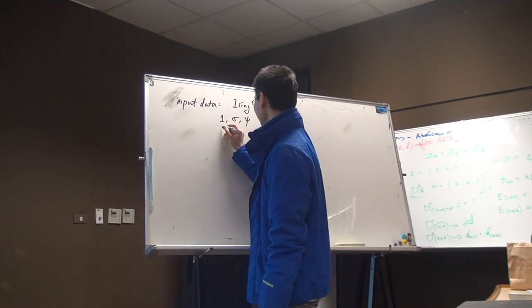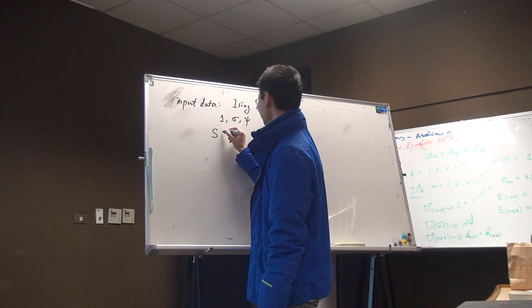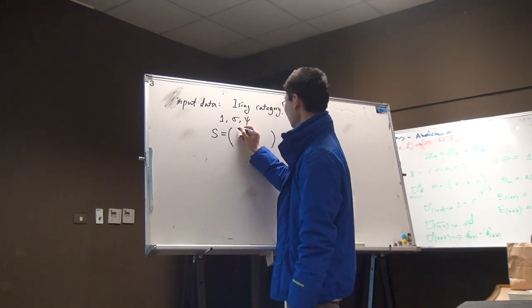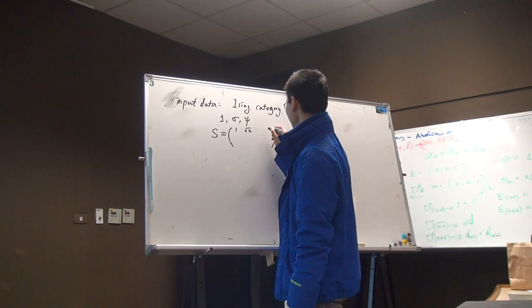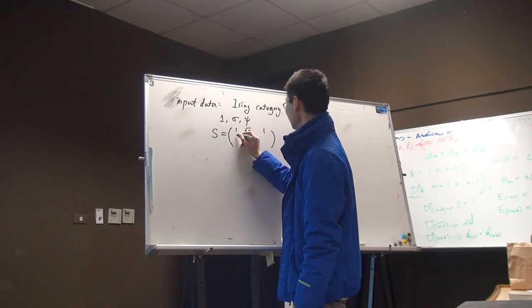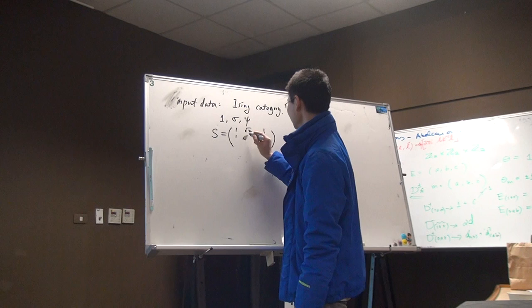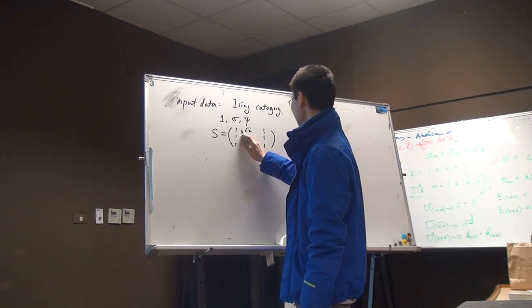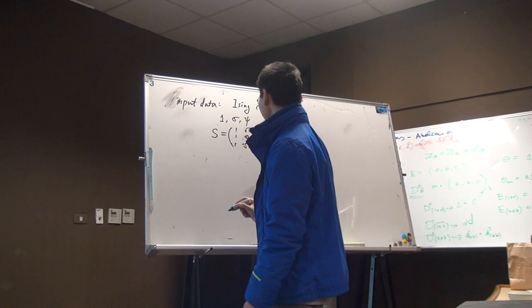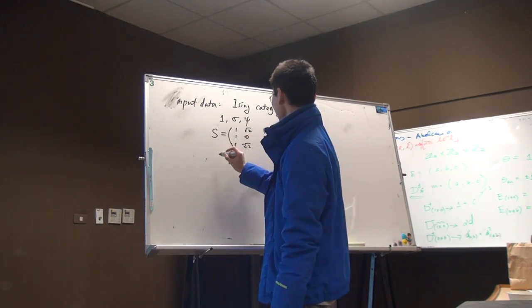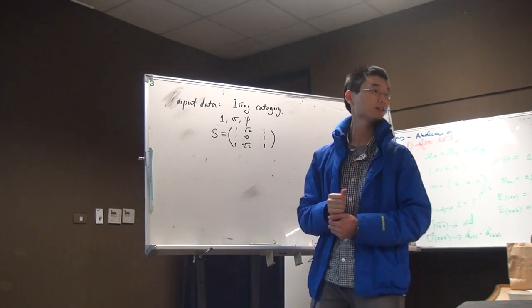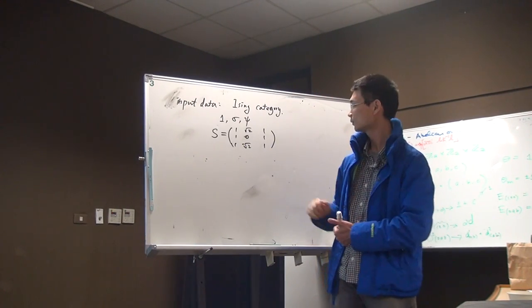And this data means you have the S matrix, which is a 3 by 3: 1, square root of 2, 1, 1, 0, and the topological spin for each string type.